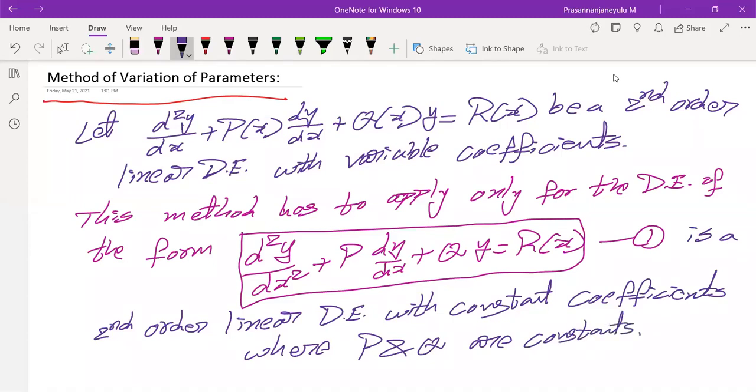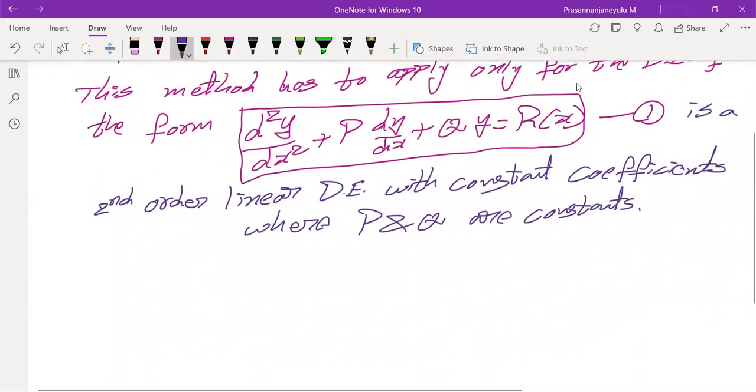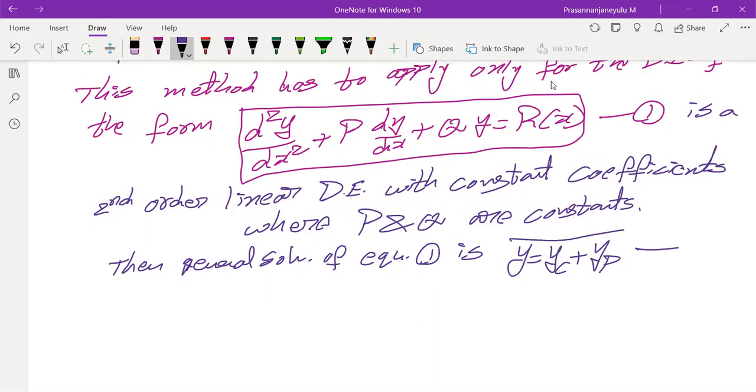Okay, this is important. Now, what is the general solution of this differential equation number 1? The general solution of equation 1 is, as usual, y equals to yc plus yp, because f of D of y is equals to r of x form.